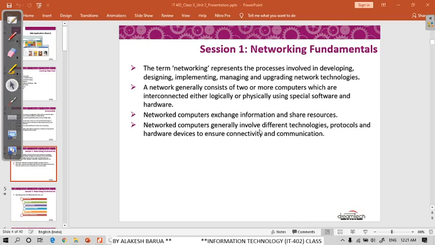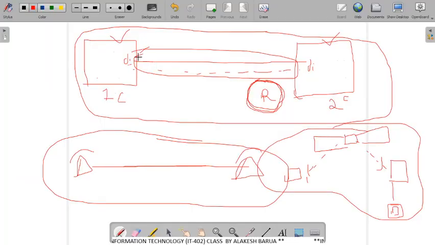Network computers generally involve different technologies, protocols and hardware devices to ensure connectivity and communication. So here it is said that just by connecting one wire between two computers does not make a network. There will be specialized hardware and specialized software that make the network. There are also certain other rules and regulations, certain protocols.